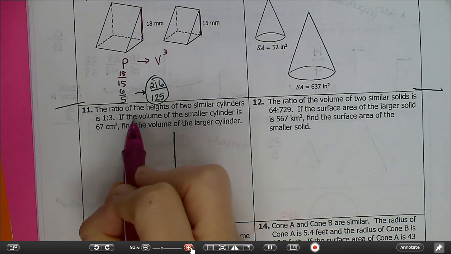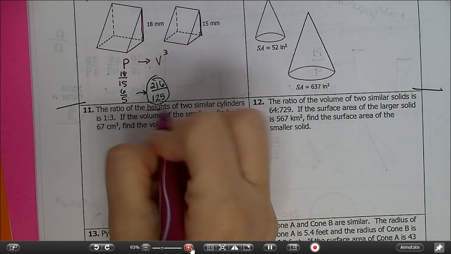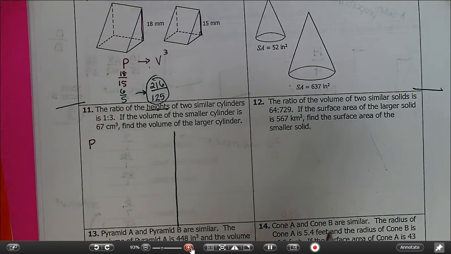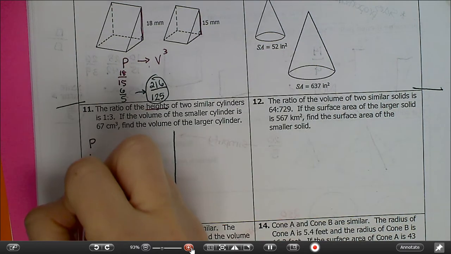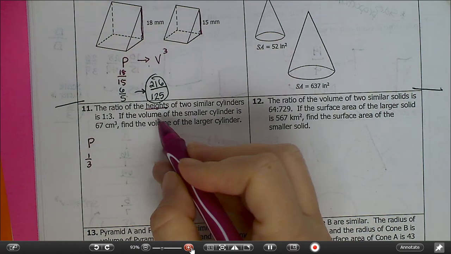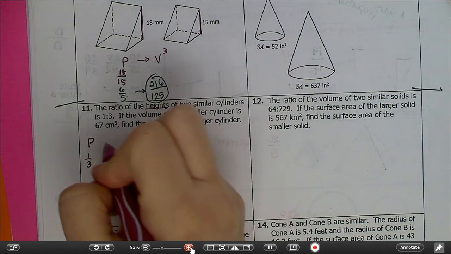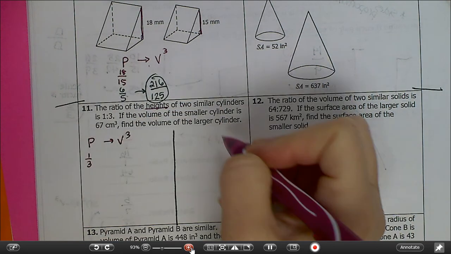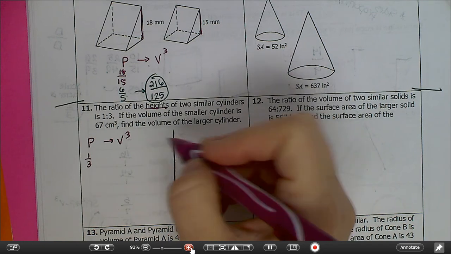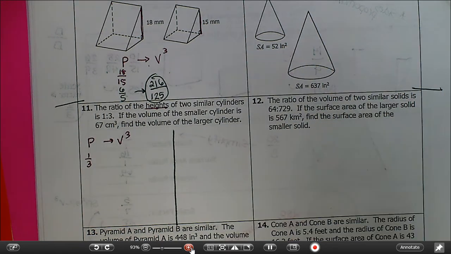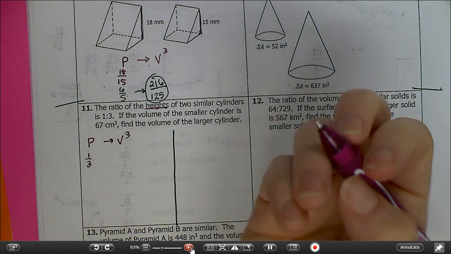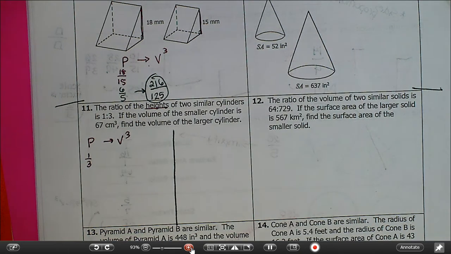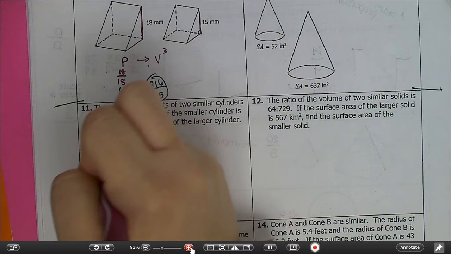The ratio of the heights, which is plane world, of two similar cylinders is 1/3. If the volume, so we're going to volume, of the similar cylinder is 67 centimeters cubed, then you will be going to volume world.